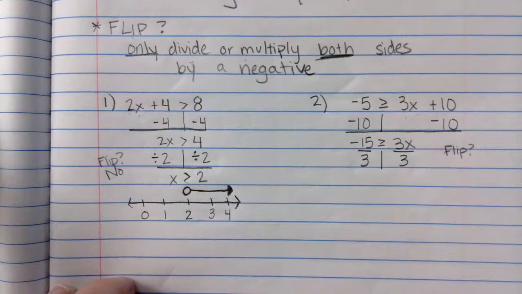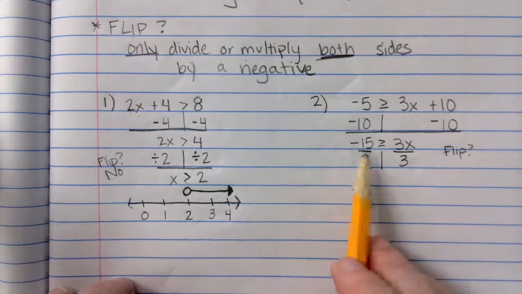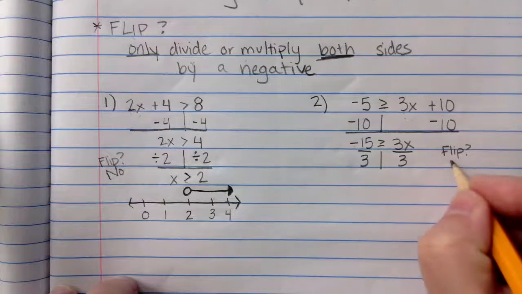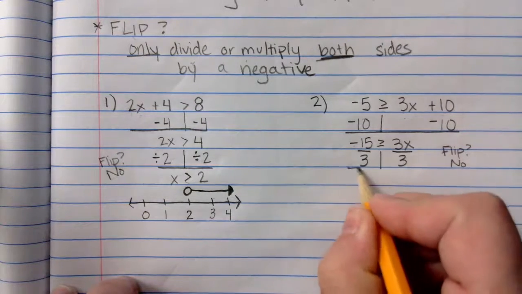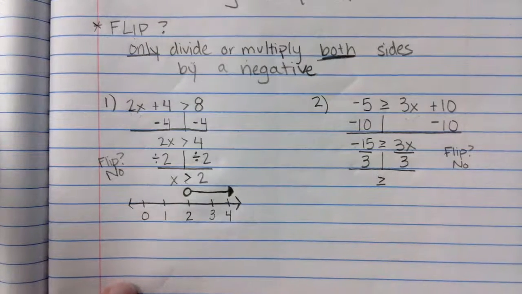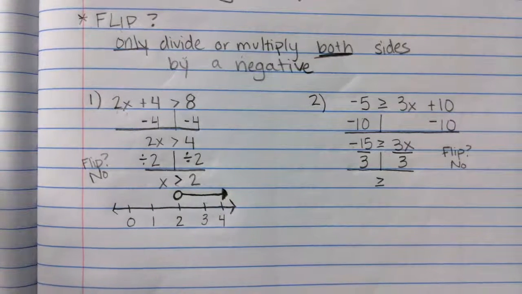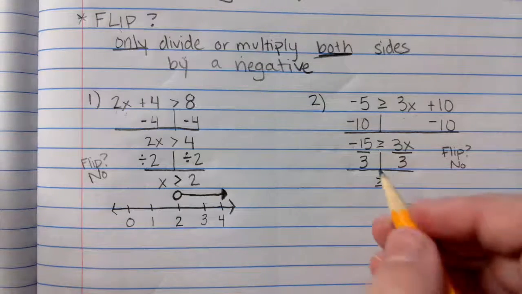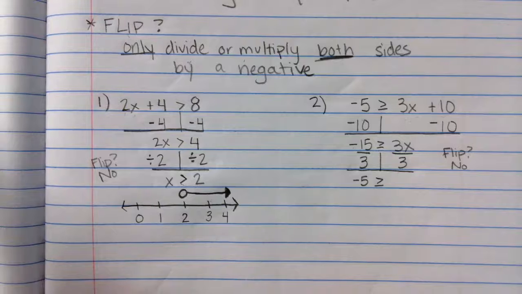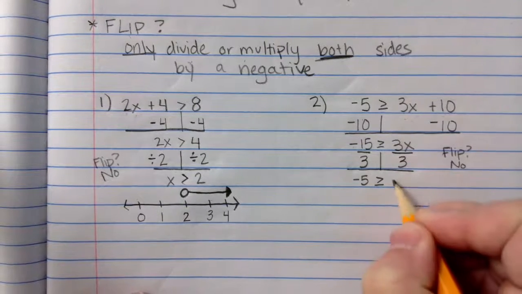I'm dividing with a negative, but is the number I'm dividing by a negative? No. So my answer is no, I do not need to flip. So I'm going to keep that greater than or equal to. What's negative 15 divided by 3? Negative 5. And what am I left with on the right side? Just x. Good.